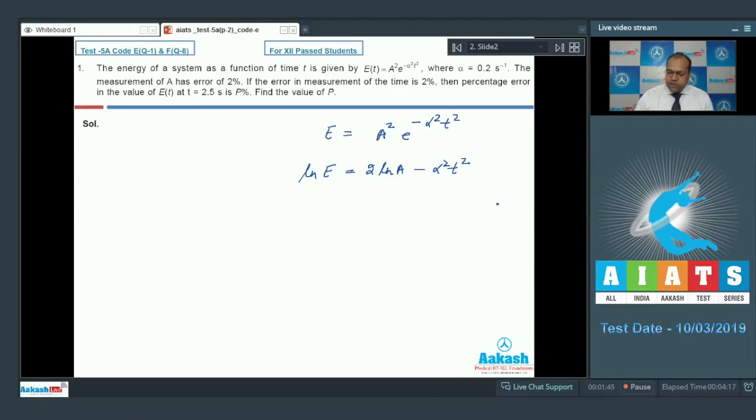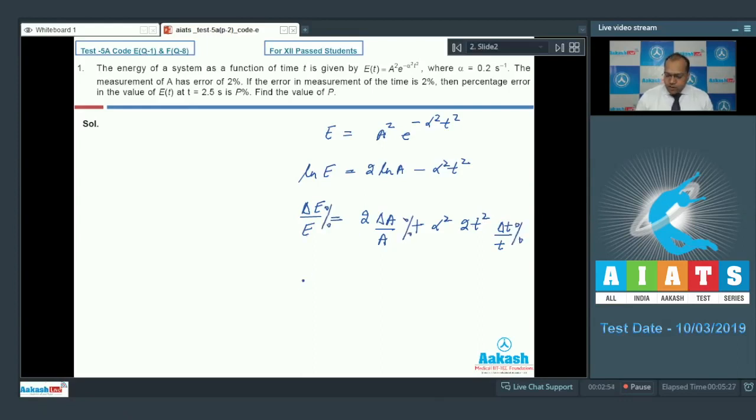So if I take the differentiation of this equation, then it comes out to be delta E divided by E is equal to 2 times delta A divided by A plus alpha squared into 2t into delta t. So I am dividing by t and multiplying by t, so it becomes 2t squared, and I am taking this in percentage terms.